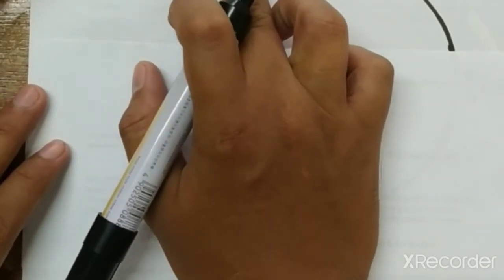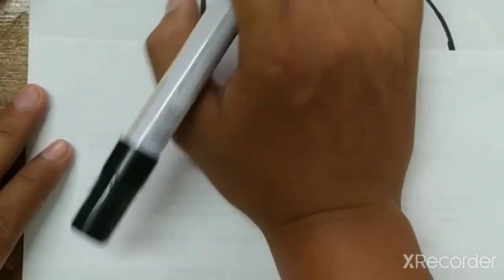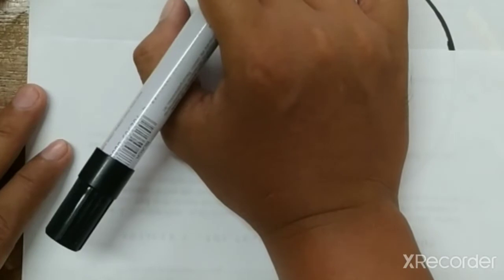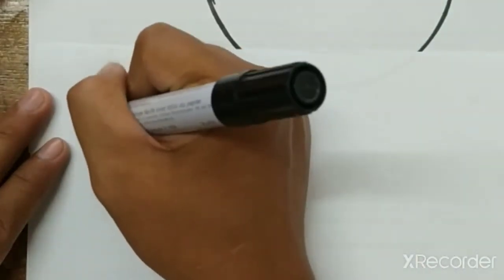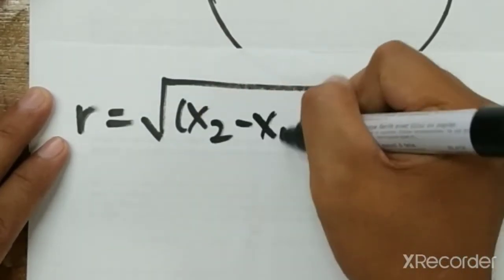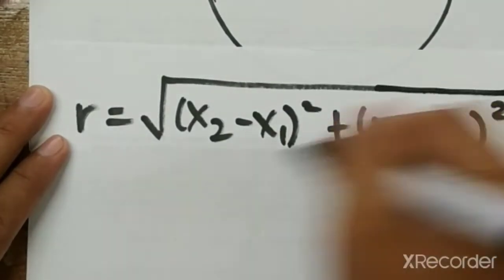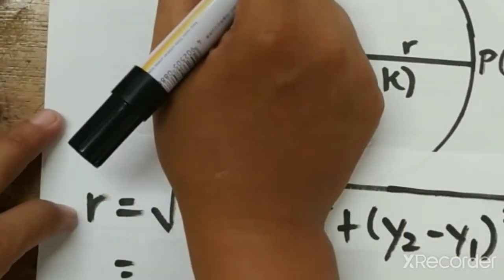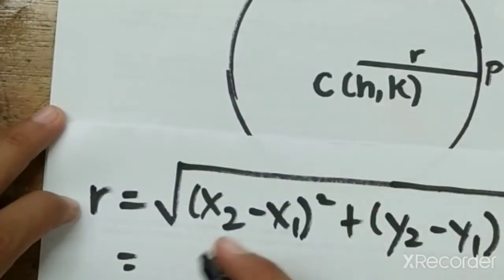So first, let's start with the center at origin. Since we have the center at origin and we have this point (x, y), if we are going to find the distance between these two points, this will be called the radius. From our formula before, we have that as distance, so our distance would be the radius. So we will write radius is equal to the square root of (x sub 2 minus x sub 1) squared plus (y sub 2 minus y sub 1) squared. Our x sub 2, let's say it's just anywhere, so we can have that as x.